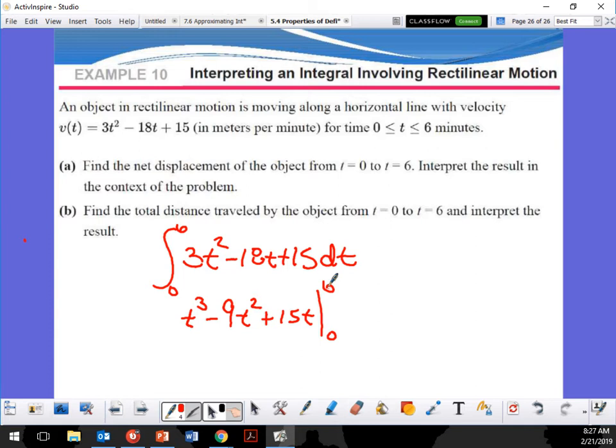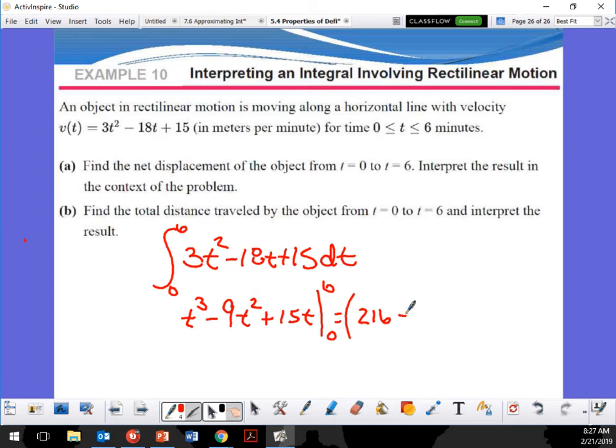All right, you ready? Okay, let's do it then. So 6 to the third, what do we say that was? 216. Okay, minus 6 squared is 36 times 9. 324.